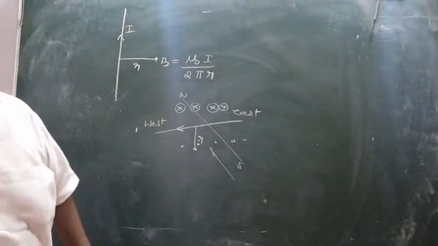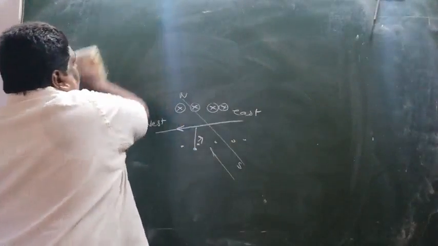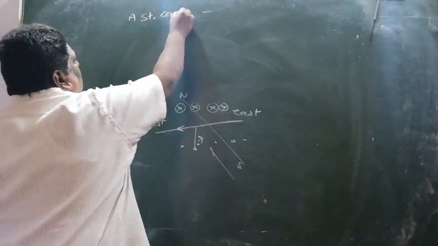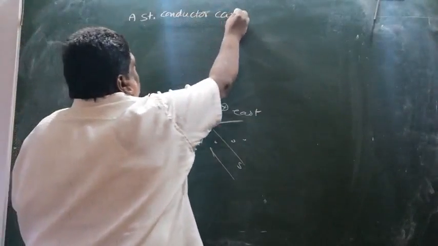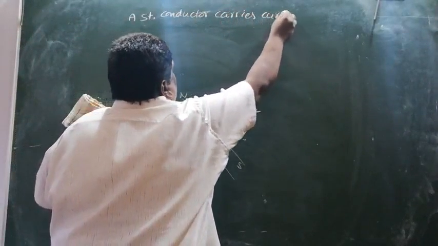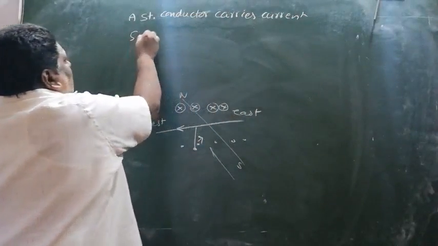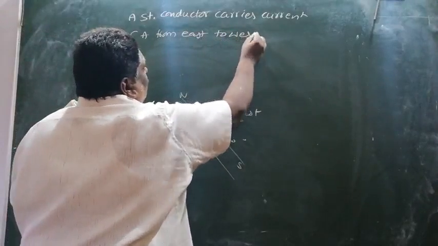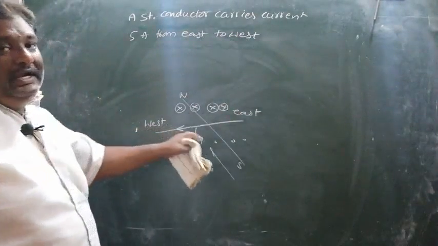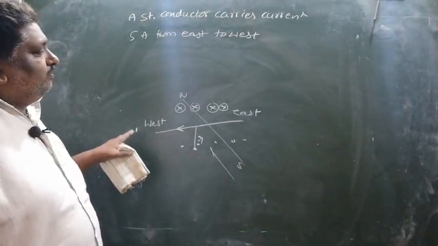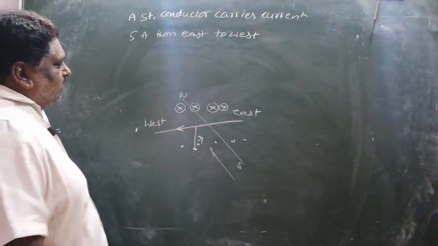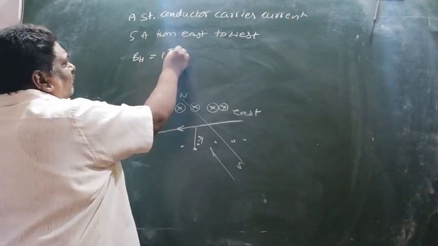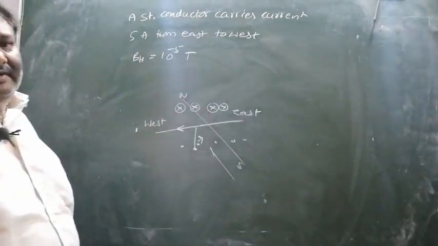So for example, one question is given like this. A straight conductor carries a current of 5 amperes from east to west. Here BH, the horizontal component of the magnetic field, is 10 power minus 5 Tesla.